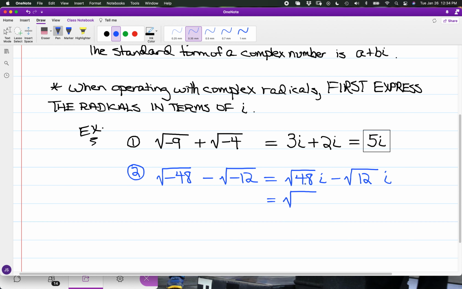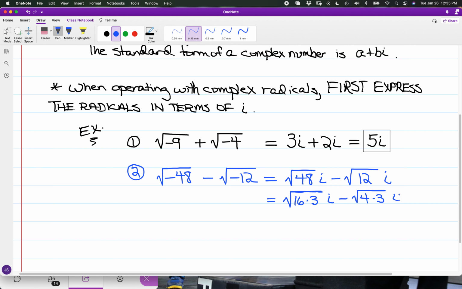For the square root of 48, the highest perfect square that is divisible into 48, among your perfect squares, 1, 4, and then 16, is 16, and 16 will go into 48 3 times. Now 12 is not a perfect square value, but it is a multiple of a perfect square greater than 1, which is 4, with 3.